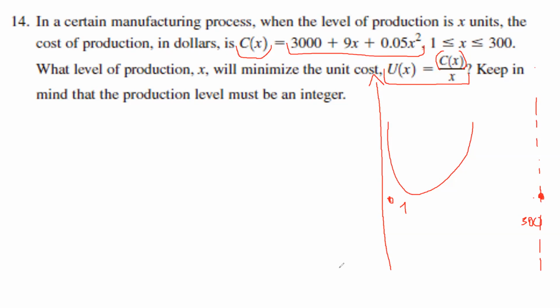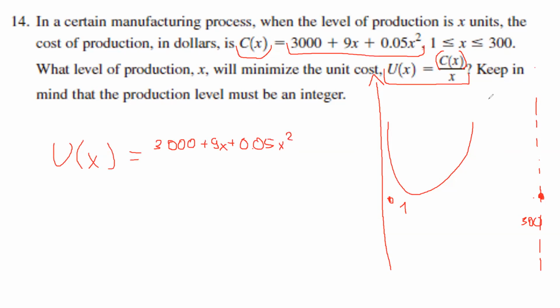So if we write u of x as a function, we would replace c of x with what is on top, 3000 plus 9x plus 0.05x squared.